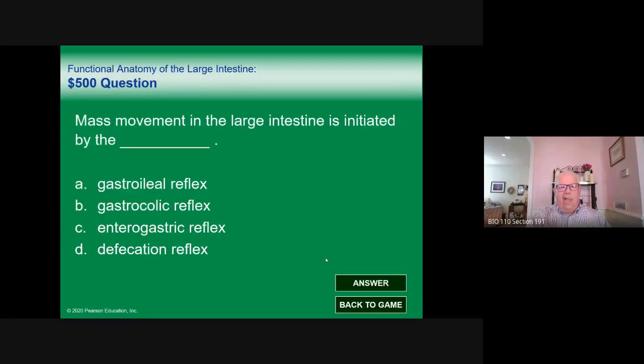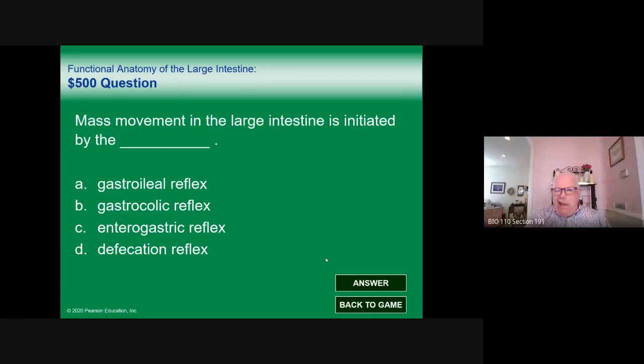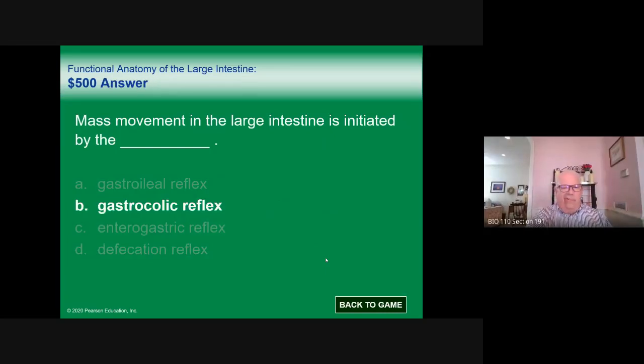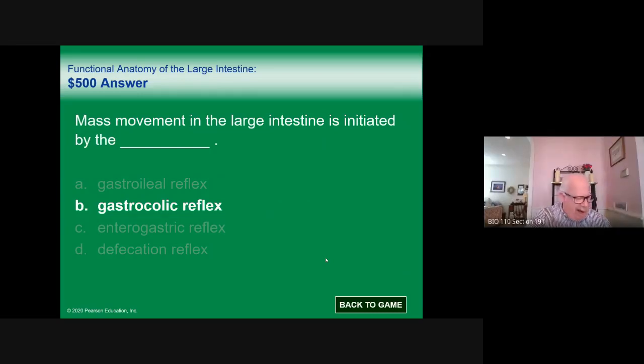Very well. Mass movement in the large intestine is initiated by? Is it gastric reflex? Say it again. I didn't hear you. Gastrocolic reflex? Yeah, it's gastrocolic reflex. That's it, right? I'm bad at pronouncing things. That's all right. Ariana.